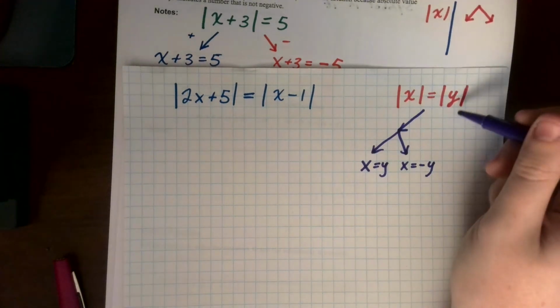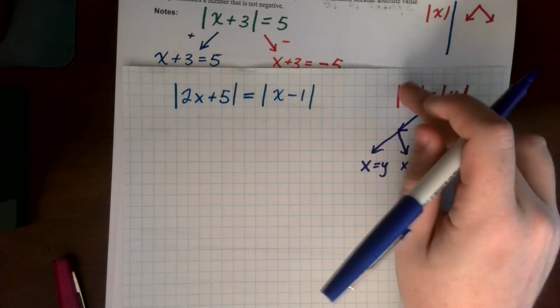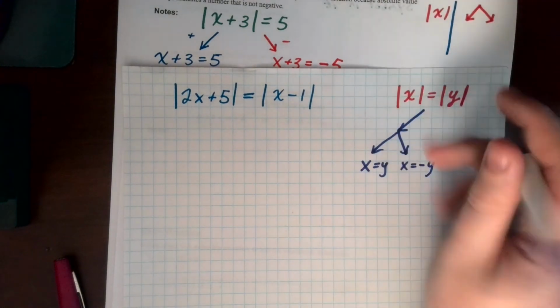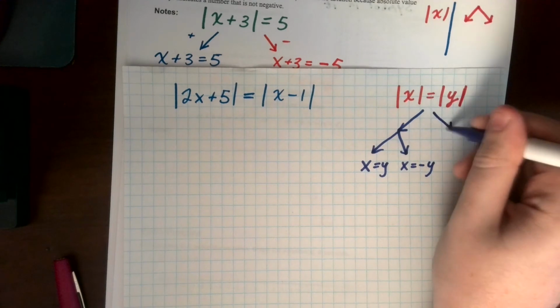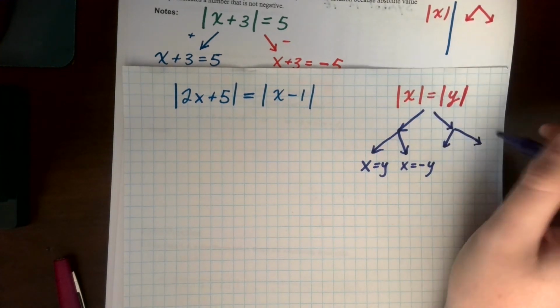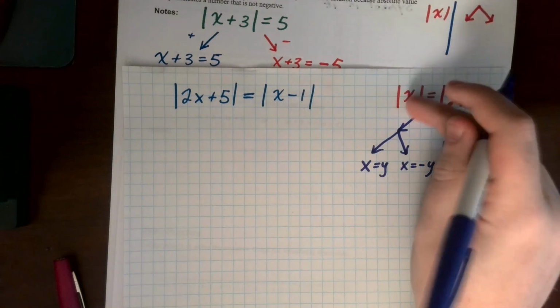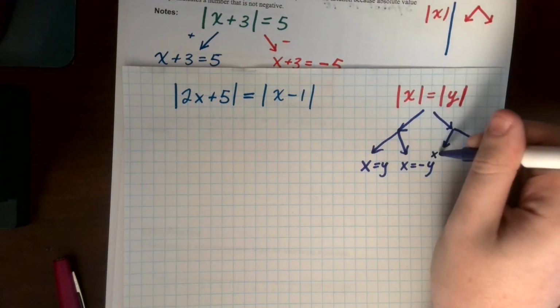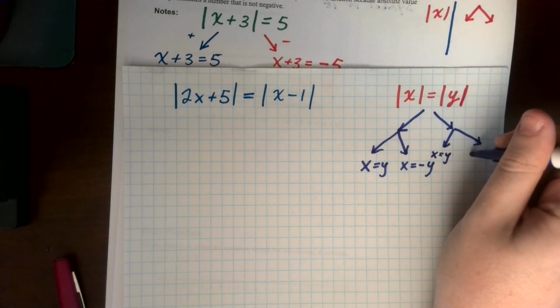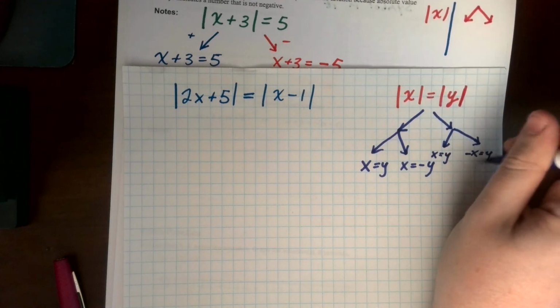What if, instead of trying to have my positive and negative versions of y, I try getting my positive and negative versions of x? Well, I'd end up with the equations where y is positive, x is positive, so I get x equals y, and then I'd end up with negative x equals y.